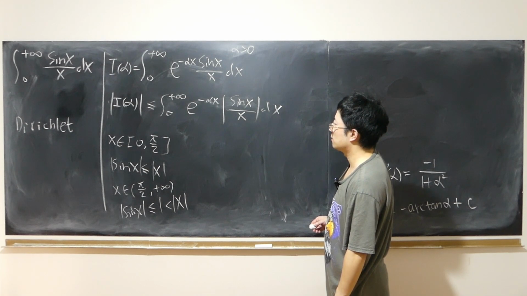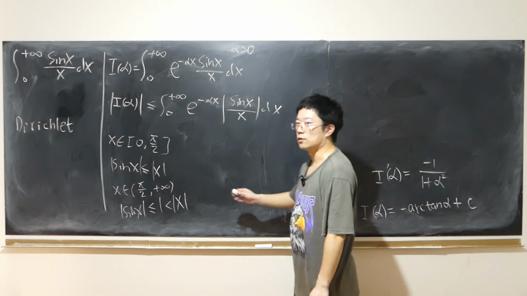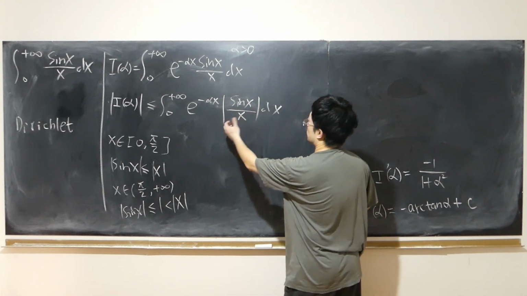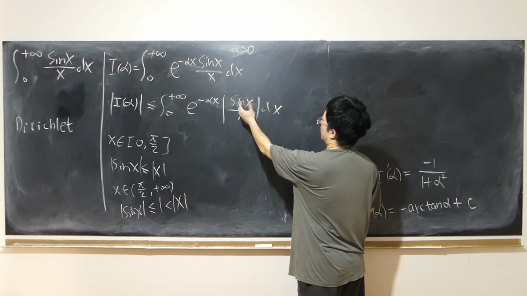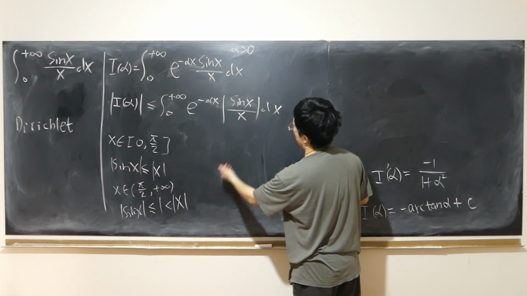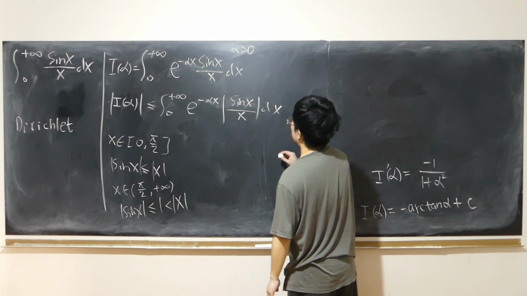So what I'm trying to say is that in the end, over 0 to positive infinity, we can just replace the absolute value of sine x with x. In the end, it's bounded above by 1.